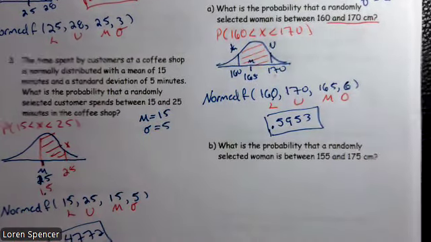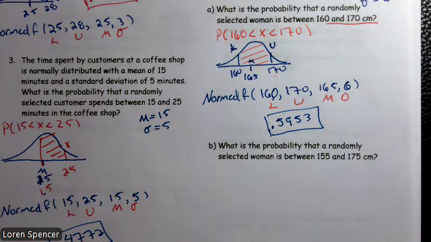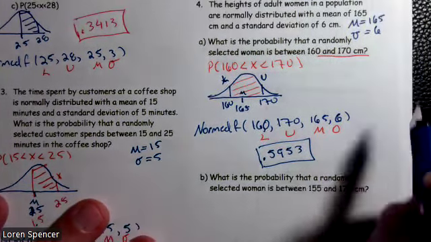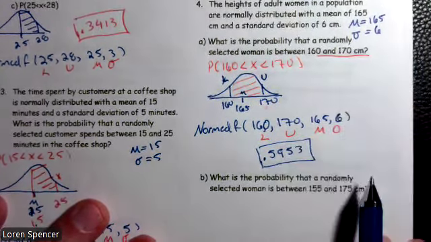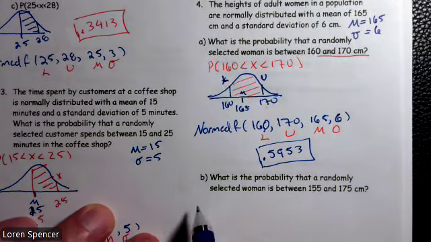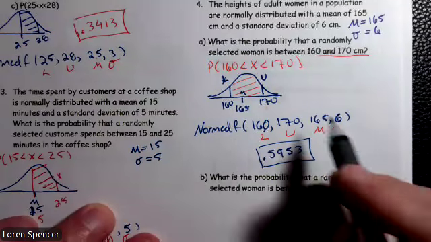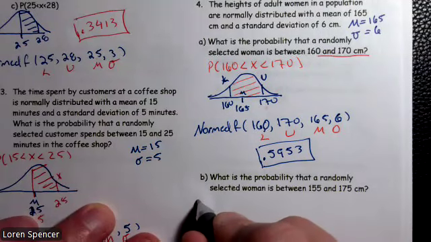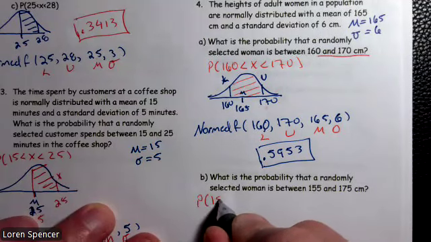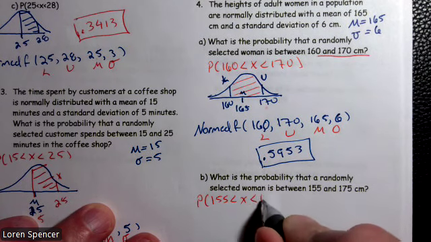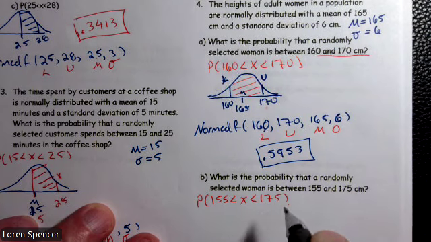All right, the next one. What's the probability that a randomly selected woman is between 155 and 175? Well, first off, our mean is 165, our standard deviation is 6, so that hasn't changed. So let's draw a picture. We want the probability that 155 is less than X is less than 175.